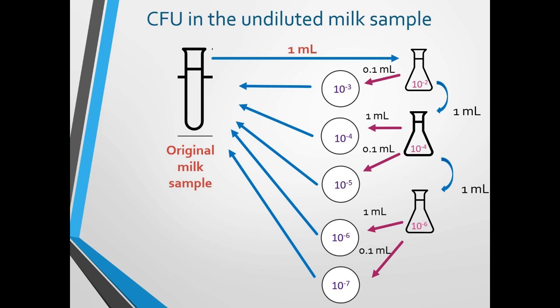When we made the dilution series, we took 1 milliliter from the original milk sample and diluted it through a series of dilutions and then plated either 0.1 or 1 milliliter to get the required dilutions. So we plated 10 to the power negative 3, 4, 5, 6 and 7. And now we are counting the colonies in each of these dilution plates. So all these numbers correspond to the same milk sample.